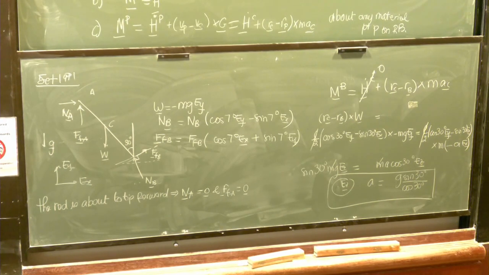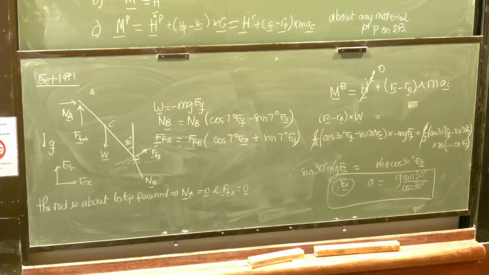Just to clarify, the reason why the moment about the center of mass is zero, is it because the angular momentum of the center of mass is zero? Not quite. So you're asking why h dot c is 0? Yeah. The system is only translating.